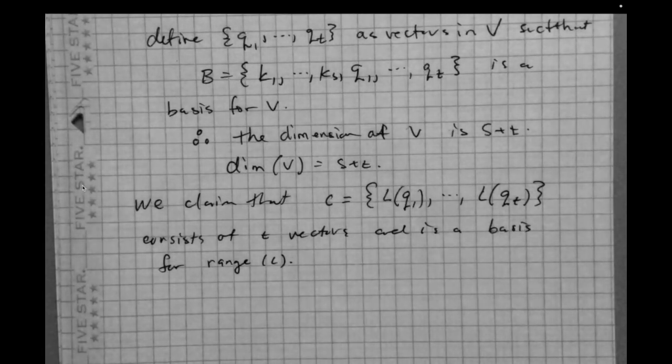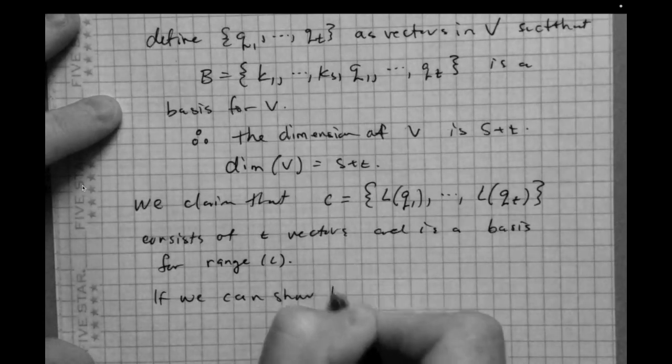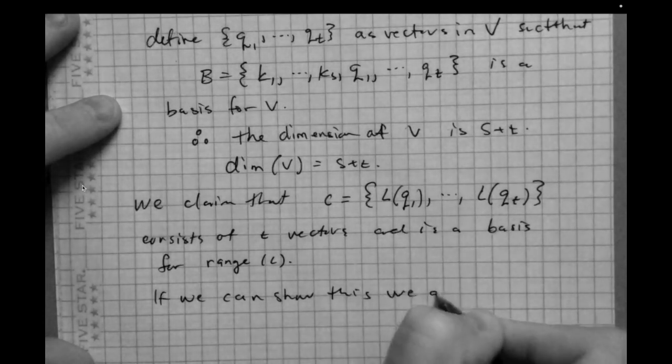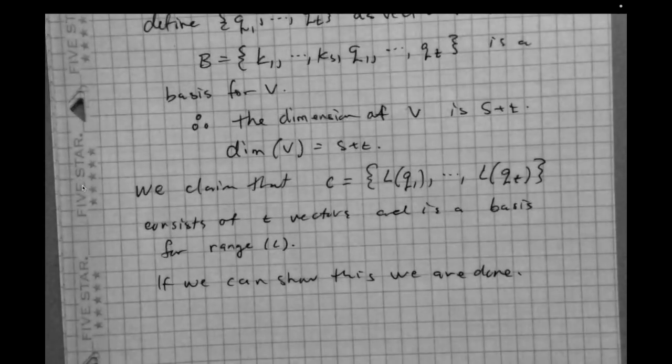Okay, how are we going to do this? Well, this is going to be interesting. But if we can show this, then we're done, right? Why are we done? Does this make sense?